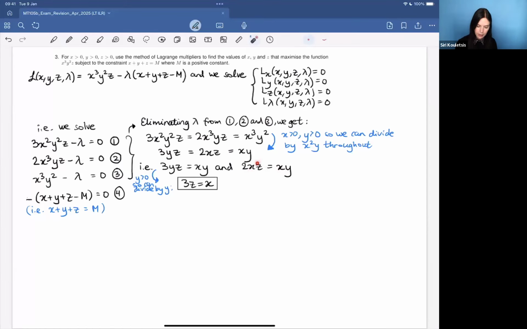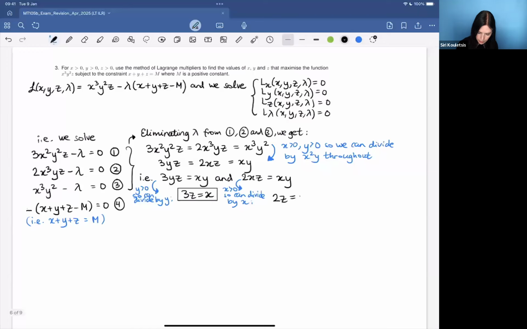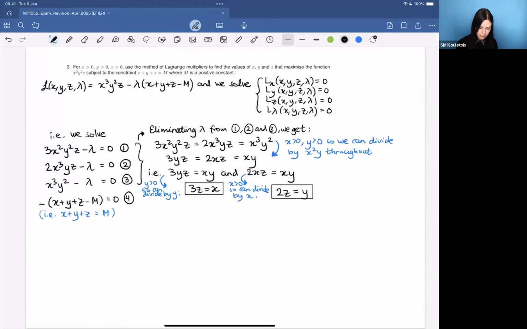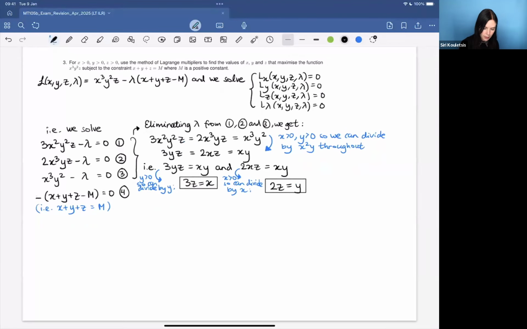And looking at the second equation here, well, x is also positive, so we are allowed to divide by x. And so we get that y equals 2z. Perhaps we can highlight these here.